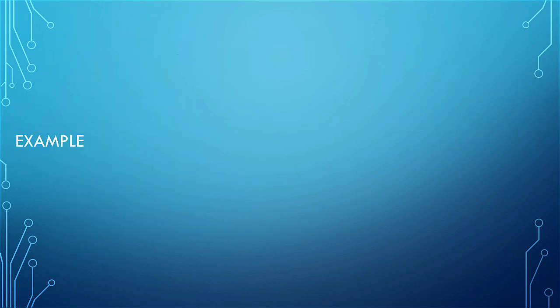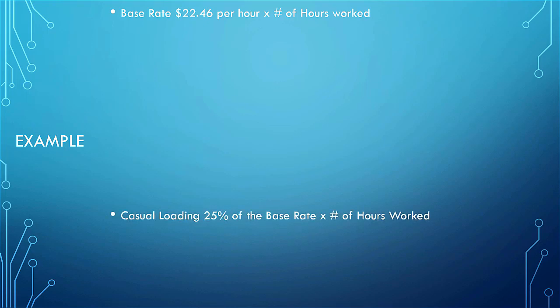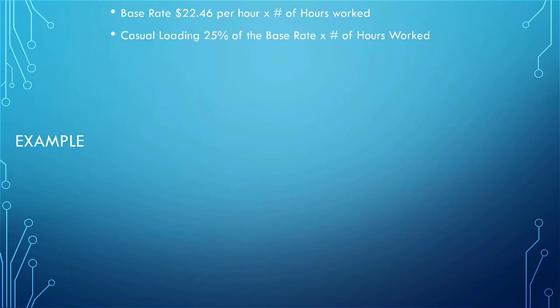I've put together a little example for you, just so that we can try and understand it a little bit easier. If your base rate is $22.46 per hour, and that is multiplied by the number of hours that you work, that will show on your pay slip.